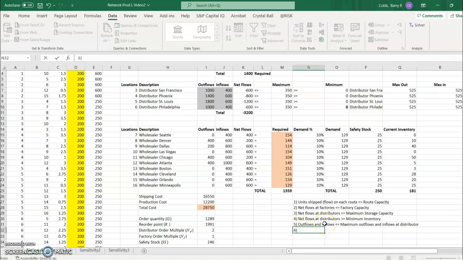All right, now what we need to see is that the wholesalers have all of their demand satisfied, plus their safety stock adjustment accounted for.